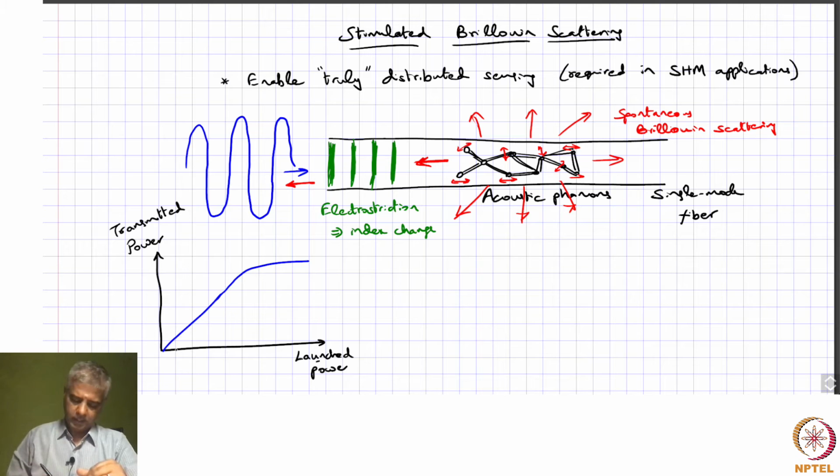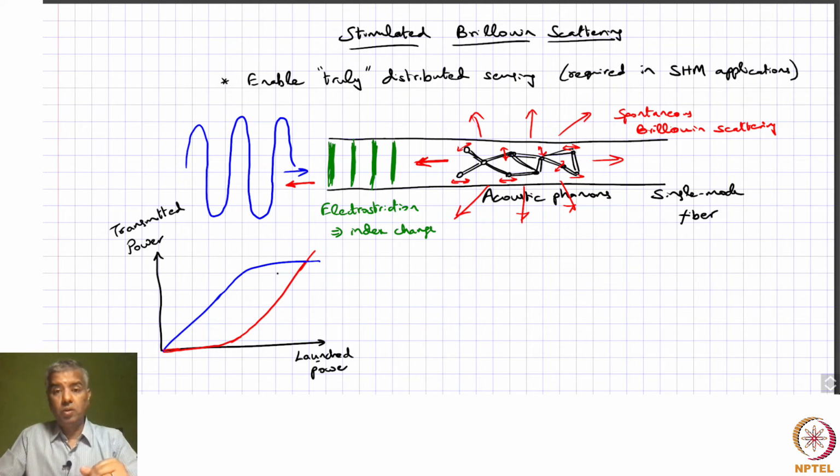Because as you increase your launch power, you are starting to build up this backscattered power, and through this electrostriction process that makes the grating stronger, and that is essentially going to reflect more power, to the point that the power you are feeding in might actually go more into the reflected power than the transmitted power.